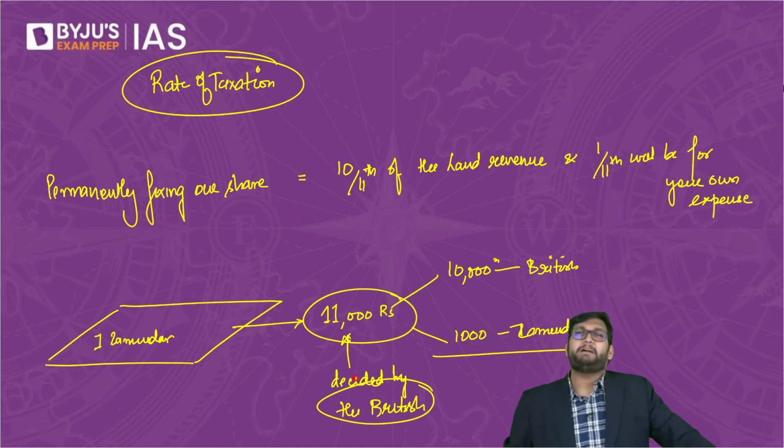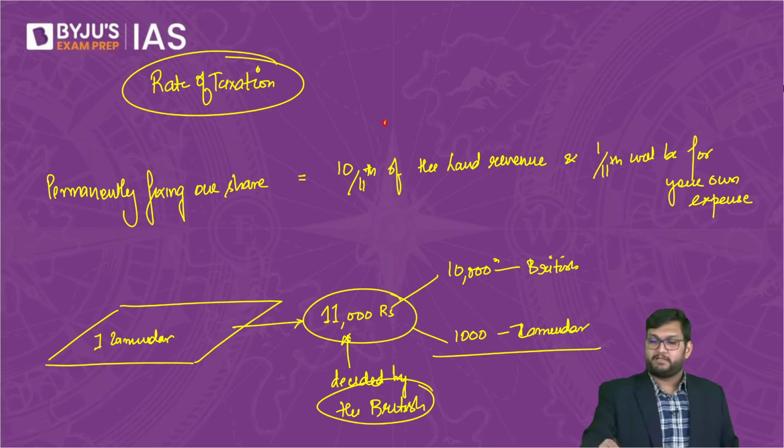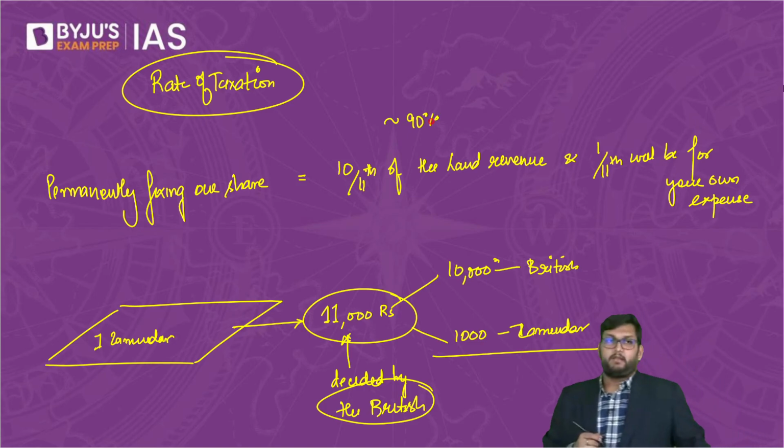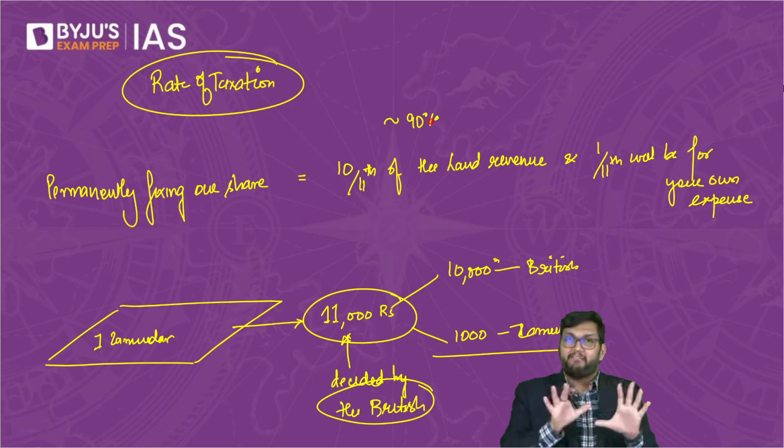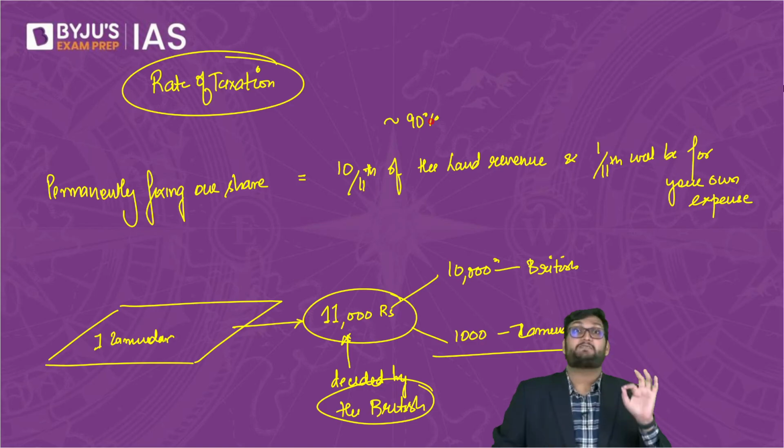If we do the maths, what is the rate of taxation in percentage? Divide 10 by 11. It's approximately 90%. And in India, never has the state, even the Mughals, asked for 90%.